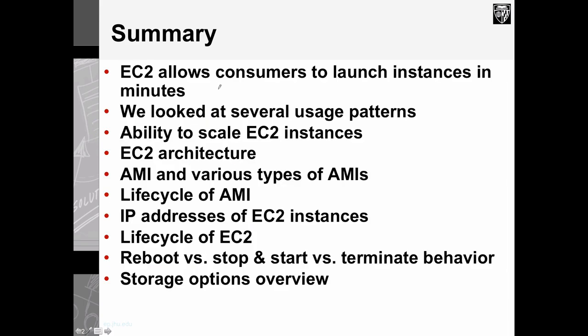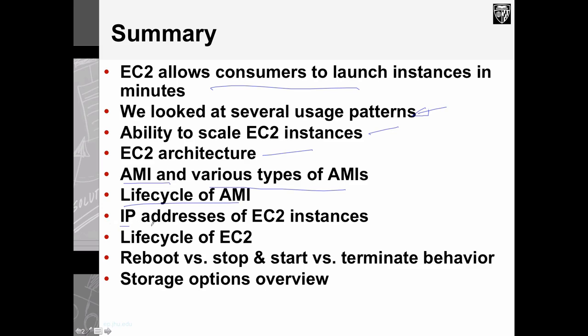So in summary, we looked at how consumers can launch EC2 instances. We looked at some of the usage patterns for EC2 and how we can scale our EC2 instances. We briefly looked at the EC2 architecture. We looked at the AMIs and the different types of AMIs: the public AMIs, the private AMIs, the community AMIs, and the paid AMIs. We looked at the life cycle of an AMI.